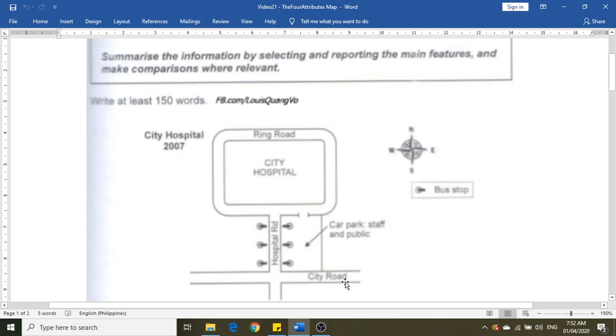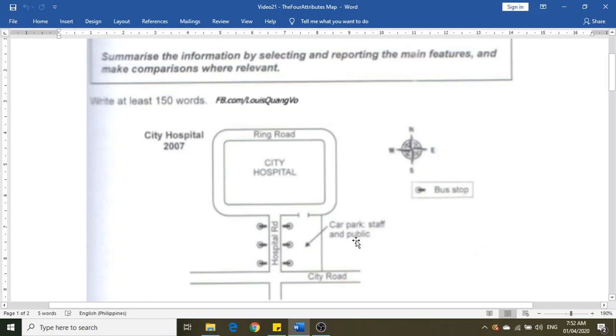So among the nominals, we have three proper nouns: city road, hospital road, and ring road. The rest apparently are just common nouns like city hospital and car park, staff, and public. So staff car park and public car park.